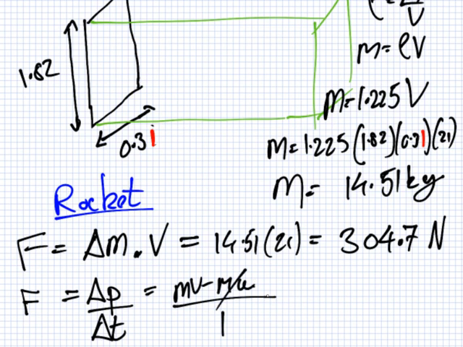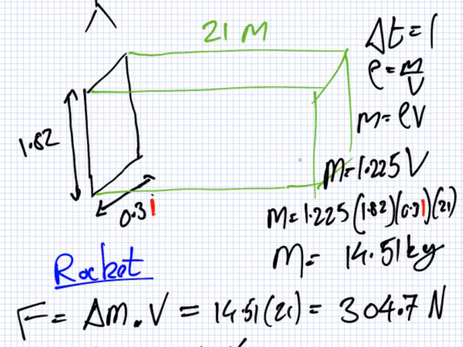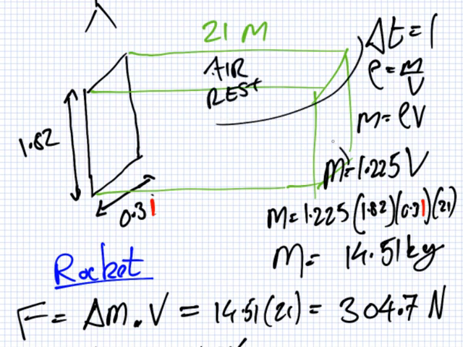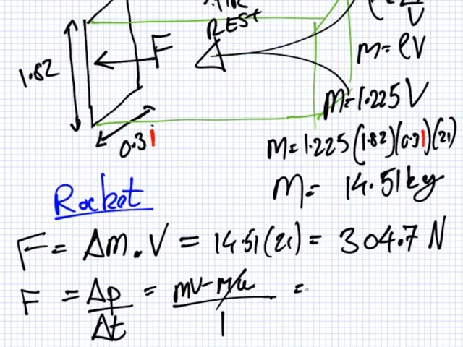But the mu is like 0, because what happens here is the air is at rest, and then the wind comes and blows on you a force. So here you would get the same thing. Same answer. Is that okay, Sophie? Yeah.